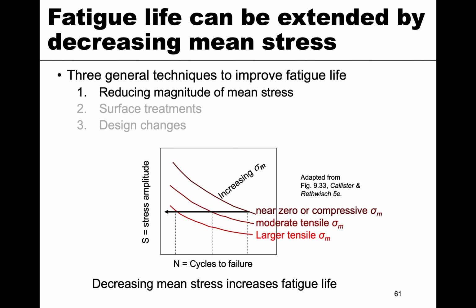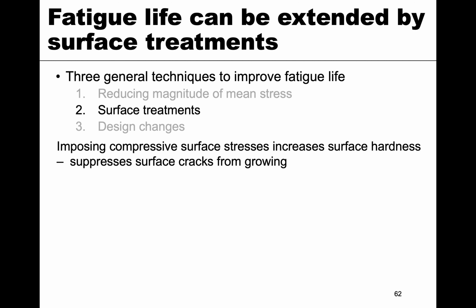The other part would be surface treatments. Just like we talked about with fracture toughness, surface treatments can impose a compressive stress on the surface, which increases surface hardness and suppresses those surface cracks from growing. You saw from a previous image that there were those cyclic striations on the surface, which are continually growing during fatigue.